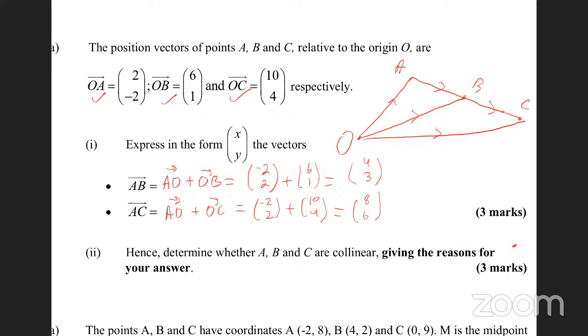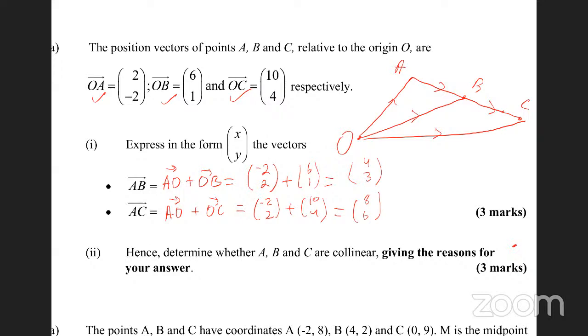What do we need to do to show collinear again? Caleb, what do we need to show? Right, show that AB is parallel to BC. And next step is what? Add up AB and BC.